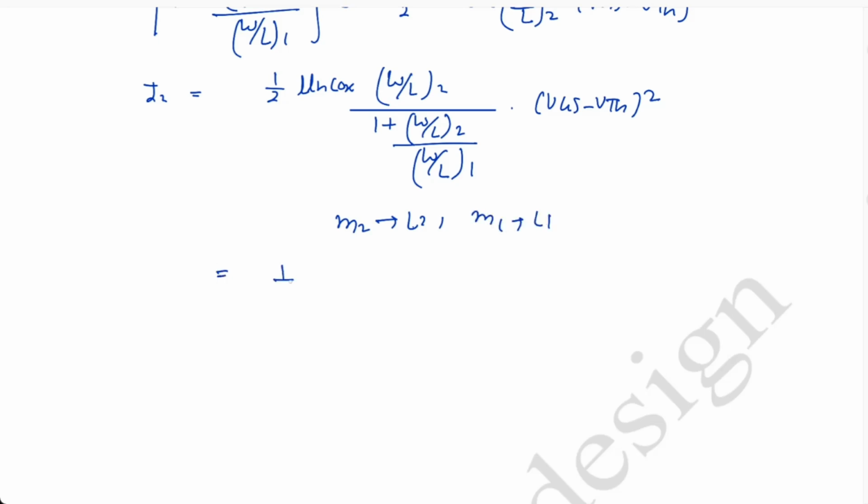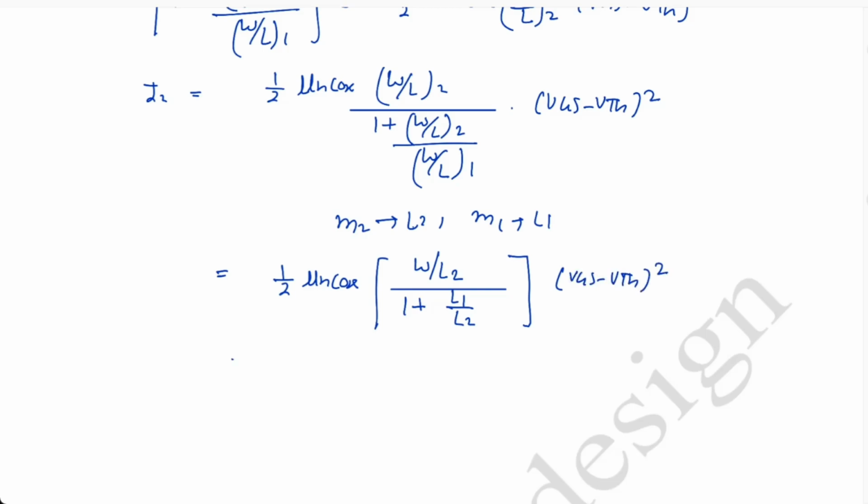So this will be 1 by 2 mu1 Cox, and this will be W by L2 divided by 1 plus, W will cancel out, and it will be L1 by L2, into (VGS minus VTH) whole square.